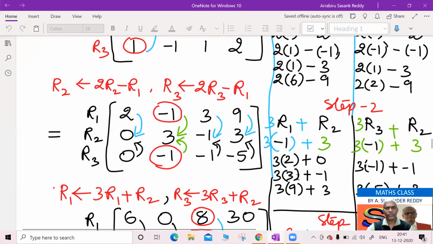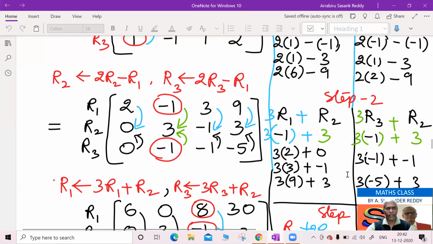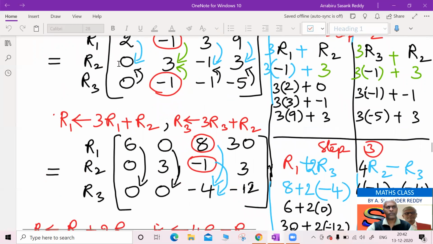So 3 into 3 plus -1, 9 minus 1, 8. And take 9 and 3, substitute R1 as 9, R2 as 3: 3 into 9, 27, plus 3, 30. So R1 changes as 6, 0, 8, 30. Then R2, no change, write as it is: 0, 3, -1, 3.